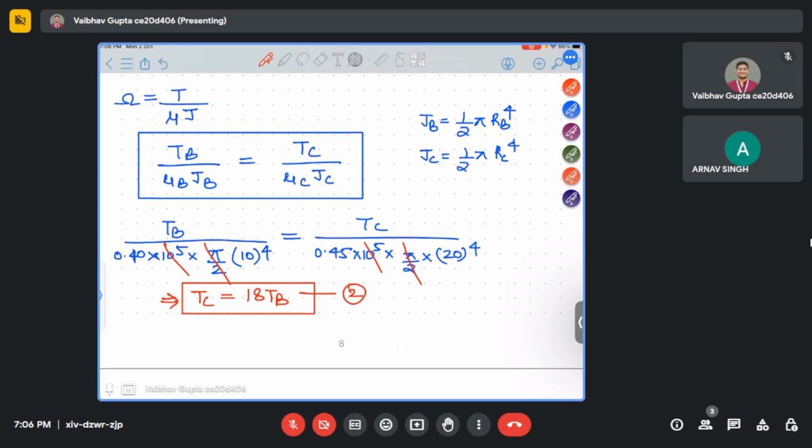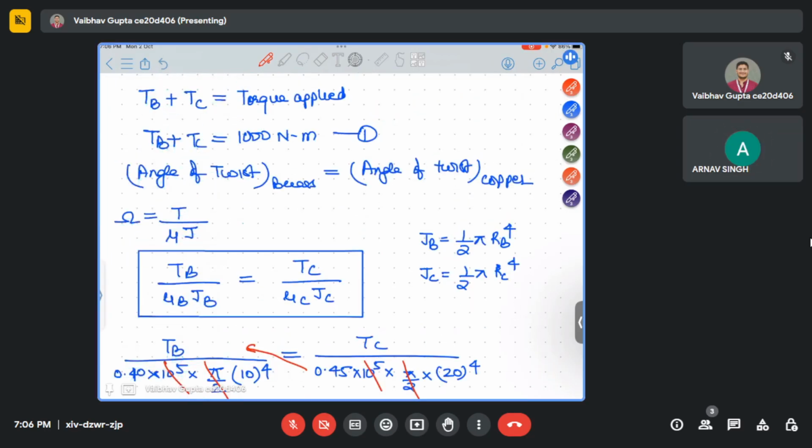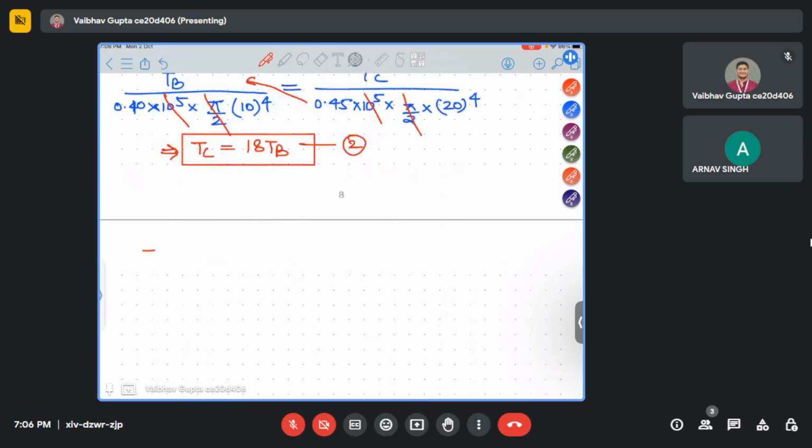TC is equal to 18 TB. So now this equation 2 we'll put in equation 1. This is our equation 1 here. So TB plus 18 TB is equal to 1000 Newton meter, because TB plus TC is T.